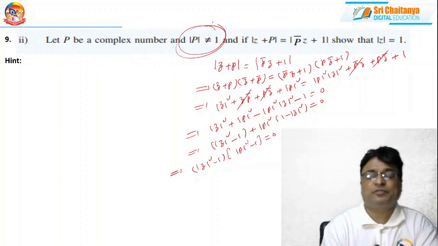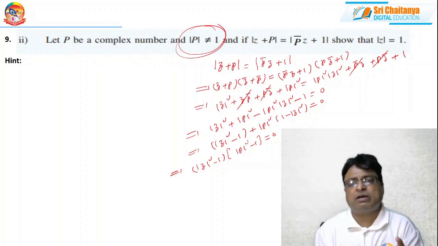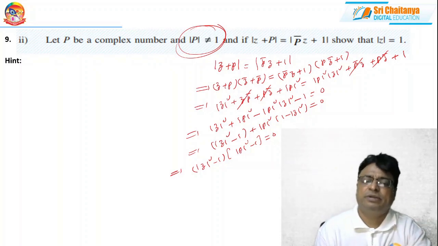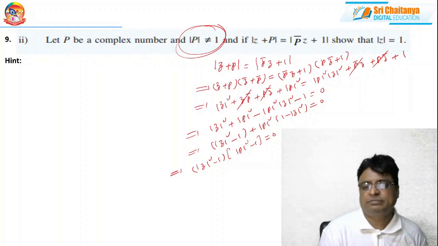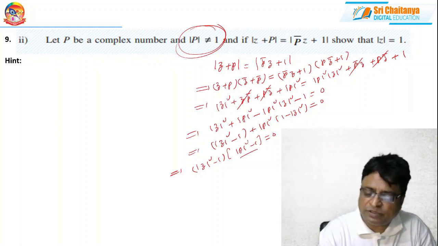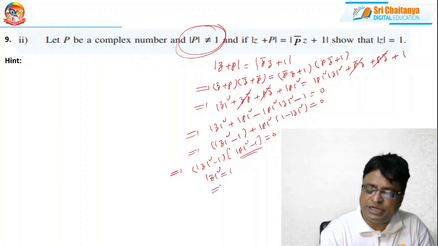Mod p not equal to 1. Whenever something is given in the statement, we must utilize the condition properly while solving the problem. If you are not using it, you have made some mistake. This is minimum common sense. So since mod p not equal to 1, this term is not equal to 0, so mod z square equals 1. So mod z is equal to 1.